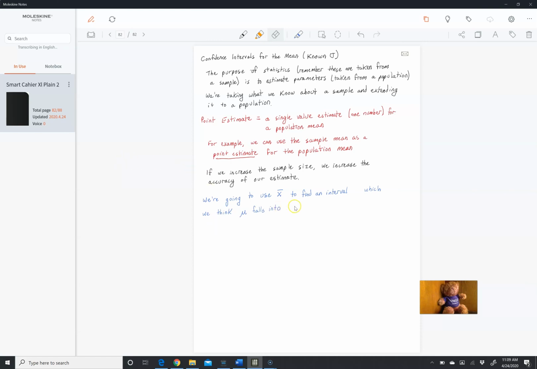Okay, so we're using the sample mean in order to estimate an interval for the population mean.